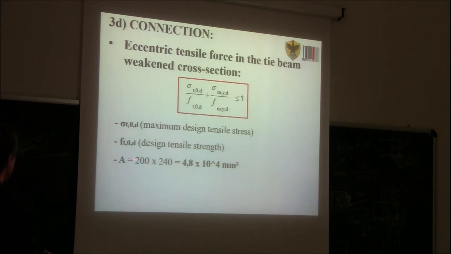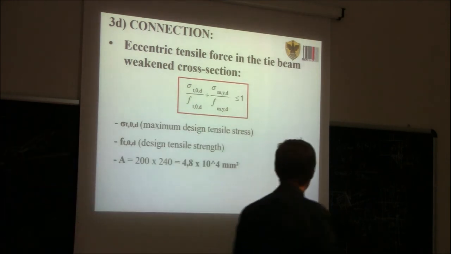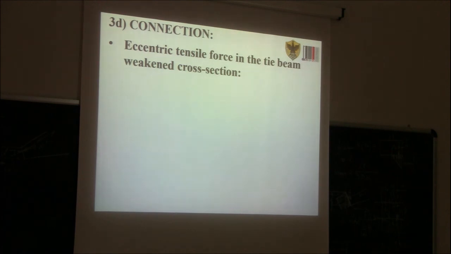So cross-sectional area 200 by 240, because this is the reduced cross-section: 4.8 times 10 to the power of 4 square millimeter. Sigma T0D is ND divided by A, 1.31 Newton per square millimeter, and the section modulus B times HW squared divided by 6: 1.92 times 10 to the power of 6 cubic millimeter.